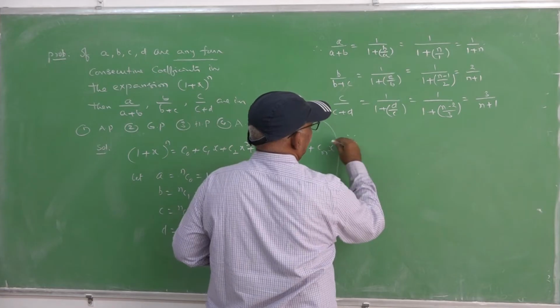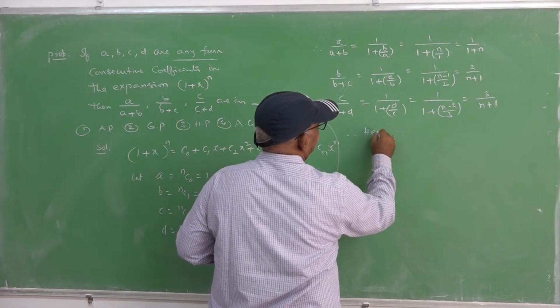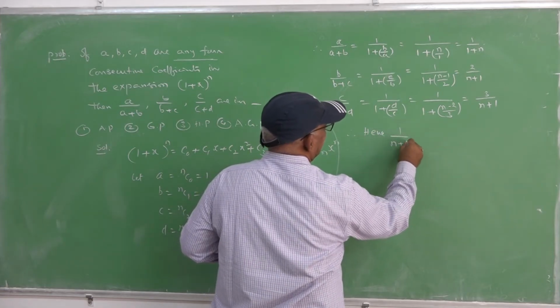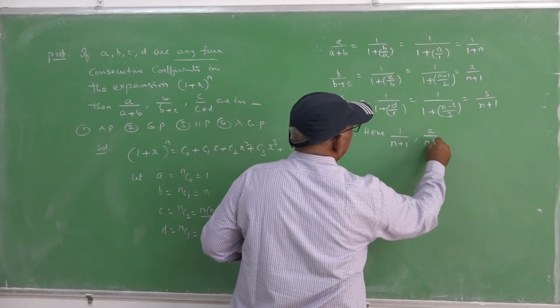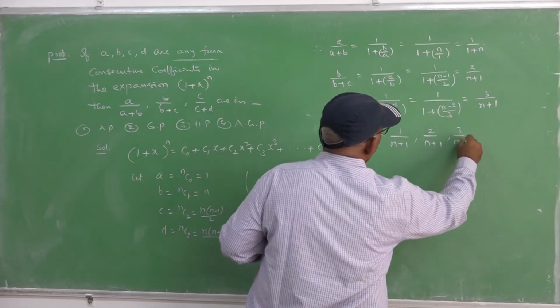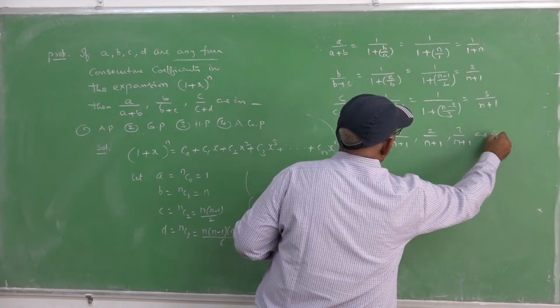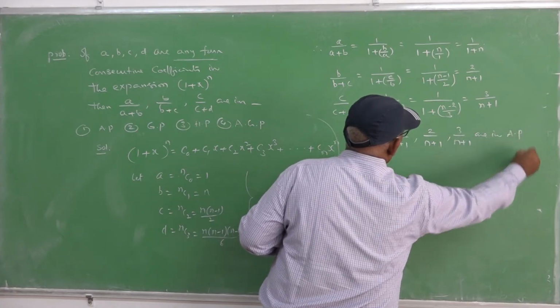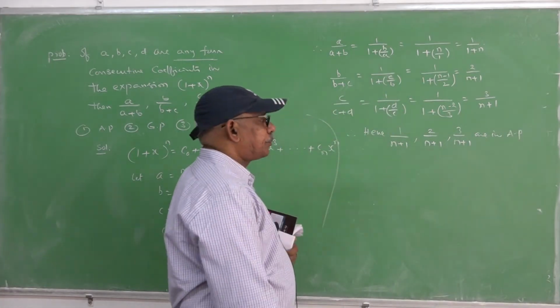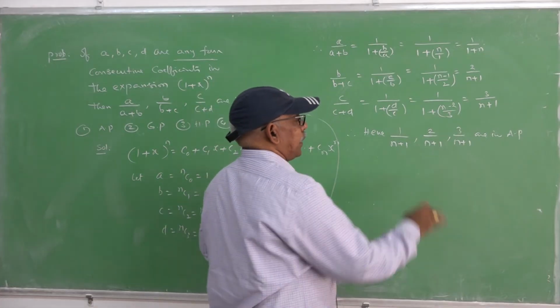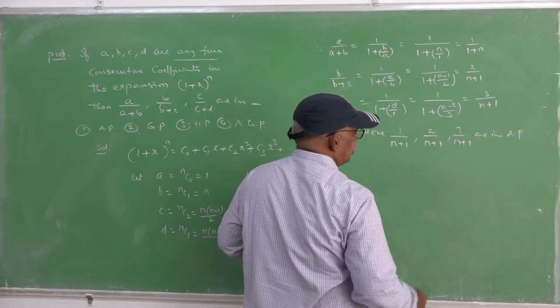So therefore, here 1 by n plus 1, 2 by n plus 1, 3 by n plus 1 are in AP. Clearly, they are in AP. 1 plus 3 by 2 gives us 2.